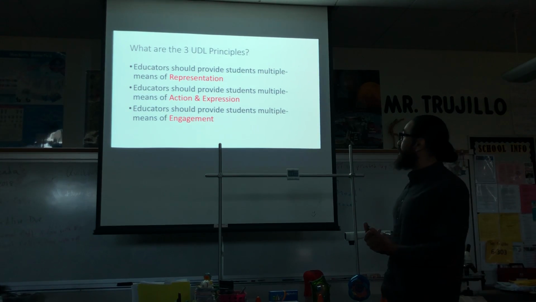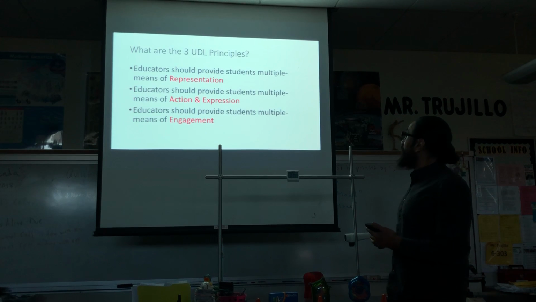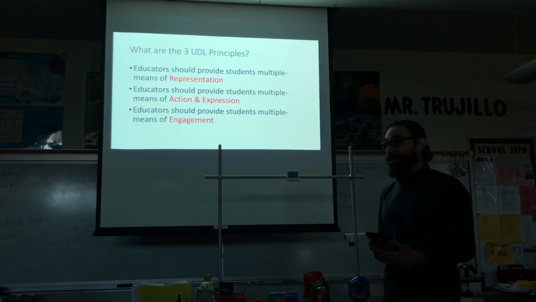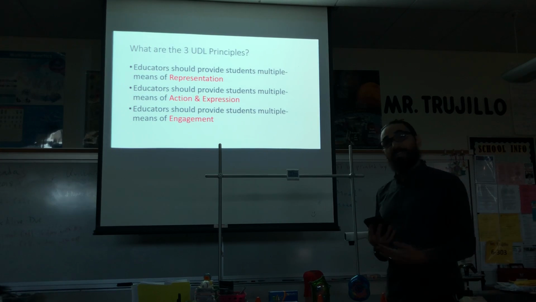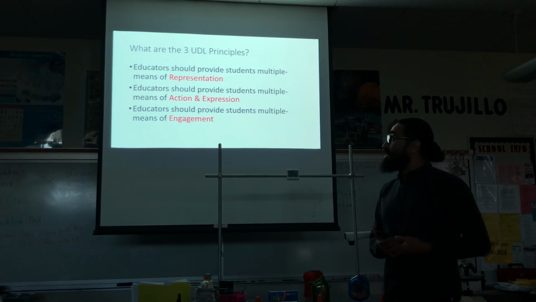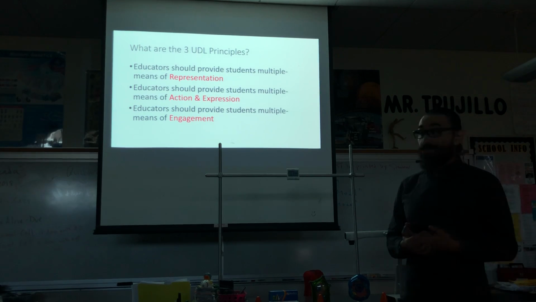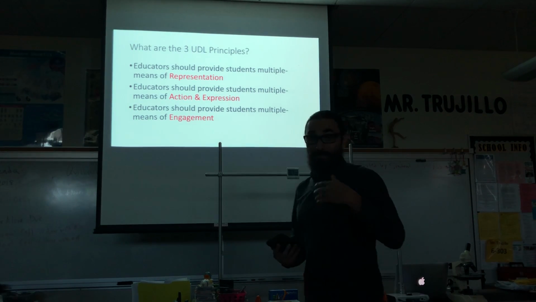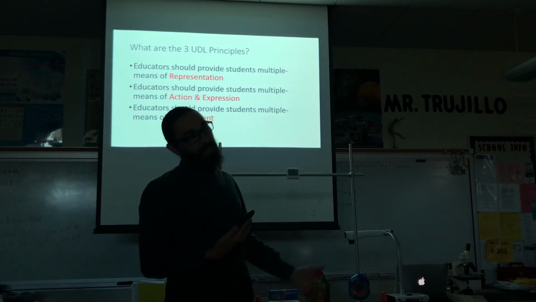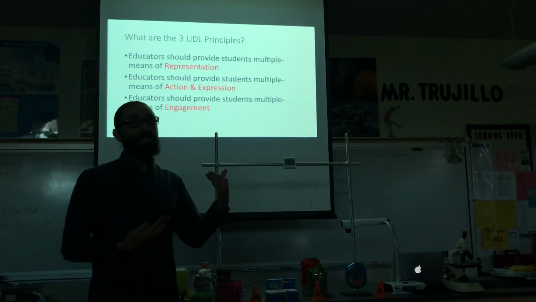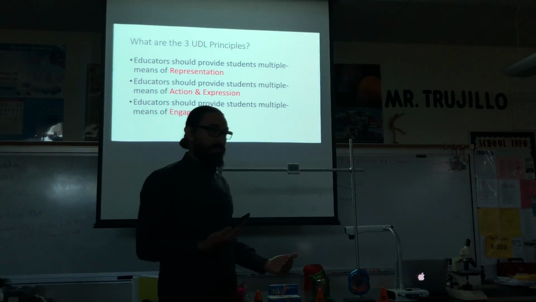So first, it states that educators must be able to provide students with multiple means of representation, meaning we need to be able to give them lots of ways to take in information, not just read this chapter. It also means that as educators, we need to provide our students with multiple means of action and expression. What that means for me is if I'm having Johnny read this chapter, I can't just ask him or expect him to be able to write me a 2-page essay like a lot of educators are doing.